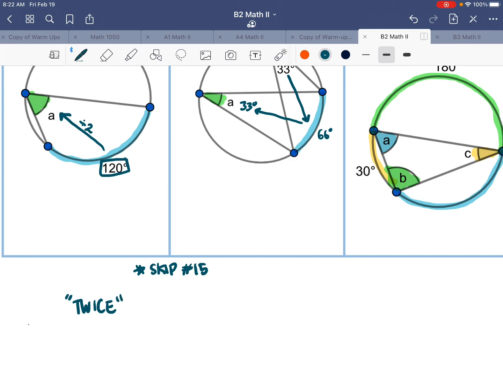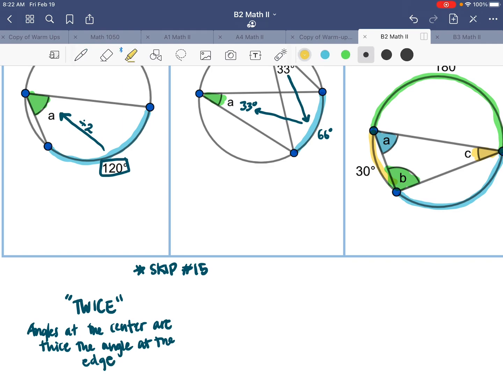It brings up the reason, something like angles at the center are twice the angle at the edge, or something like that, right? So that's the one that you use most often. Mostly it's that one. So you can search the word twice and only that option comes up.